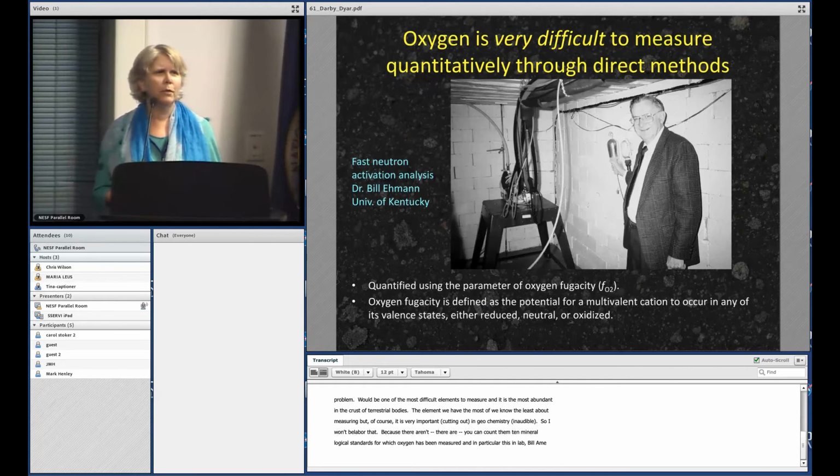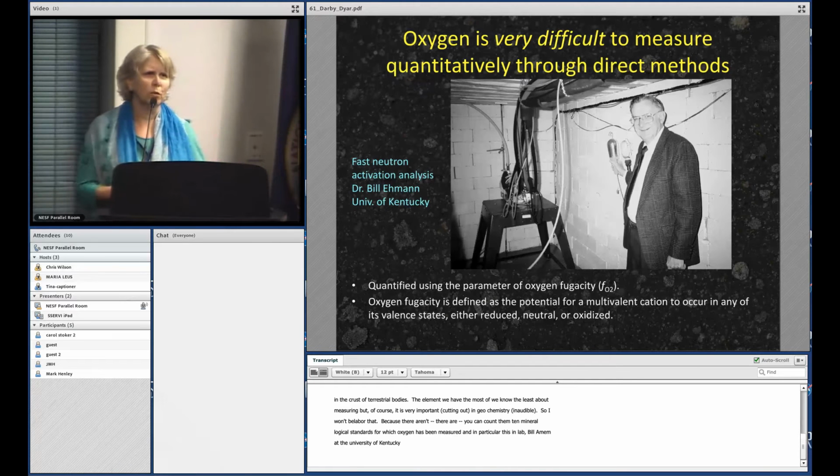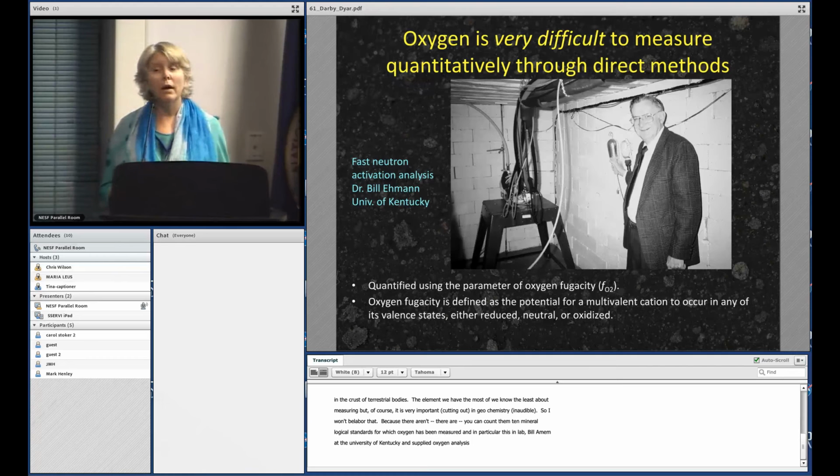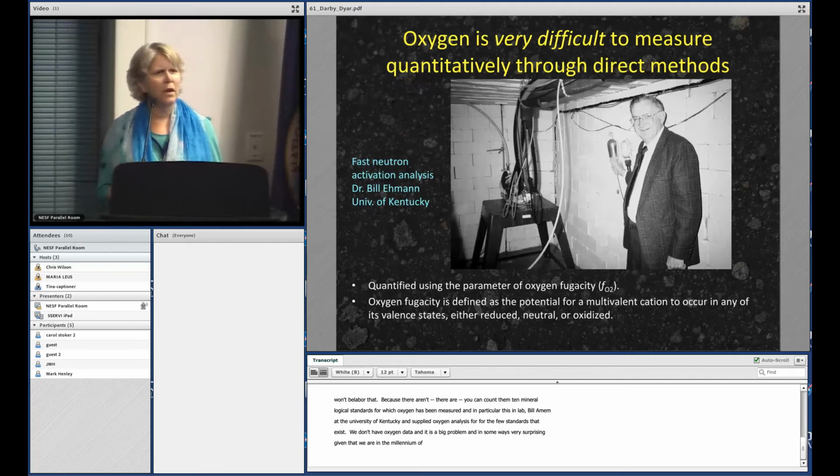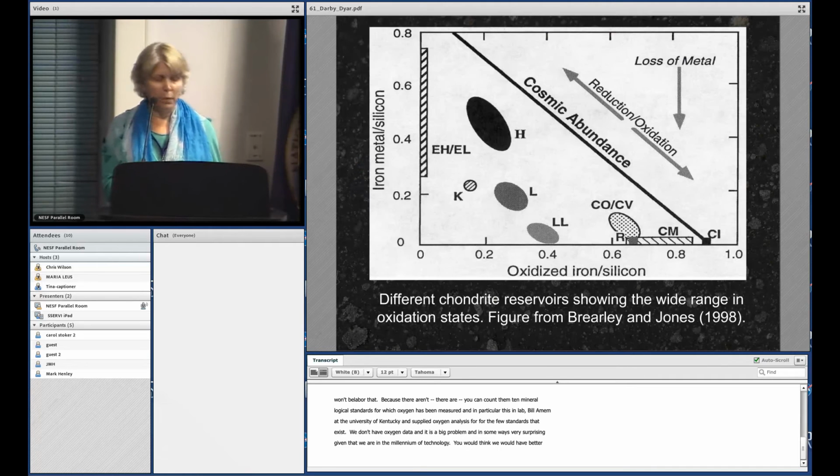But generally speaking, when you look at geological analyses and mineralogical compositions, we don't have oxygen data, and it's a big problem. In some ways, very surprising given that we're in the new millennium of technology. You'd think we'd have better standards, but we don't. So because oxygen is very difficult to measure directly, we have to use proxies, and of course the proxies we use are to try to understand oxygen fugacity by looking at multivalent cations.